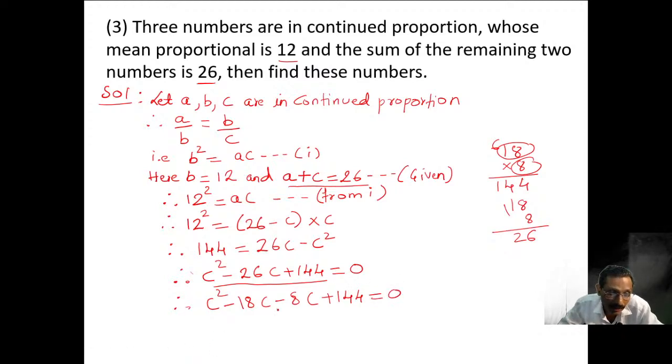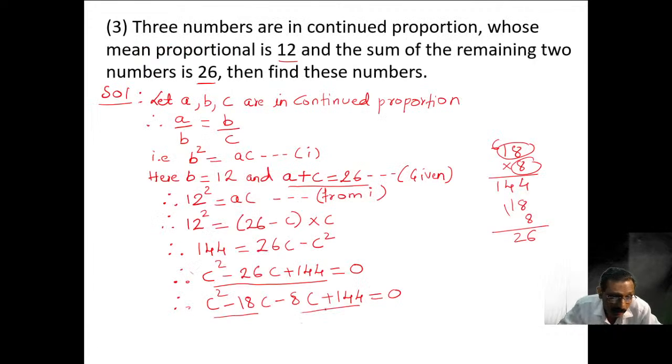Now what I'm going to do is, I'll take the common from this, I'll take the common from this. Okay, what will be common over here if I see? I will be getting C as my common term. So C common, C minus 18. Therefore, C common and C minus 18. Okay.